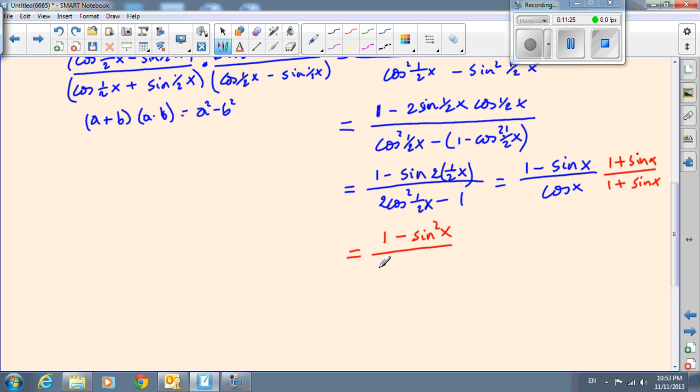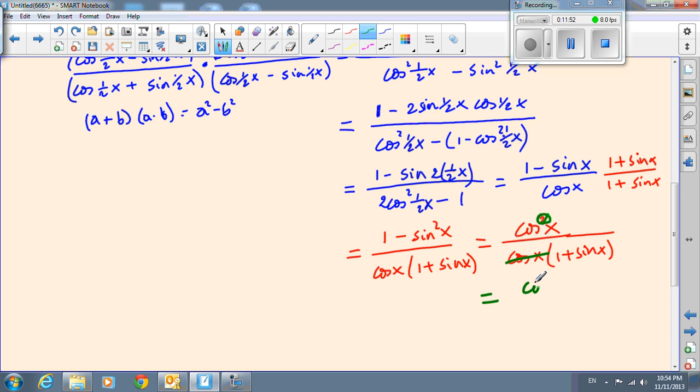And on the bottom, I will have cosine x times 1 plus sine of x. 1 minus sine squared of x is cosine squared of x over cosine x times 1 plus sine of x. I can simplify. I will take away this power along with the cosine of x. So my final expression is cosine of x over 1 plus sine of x.